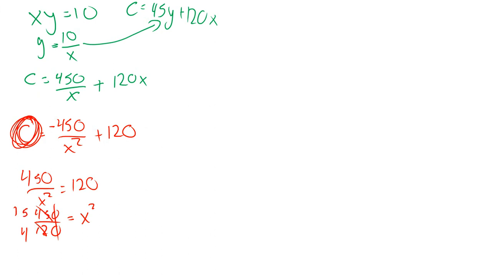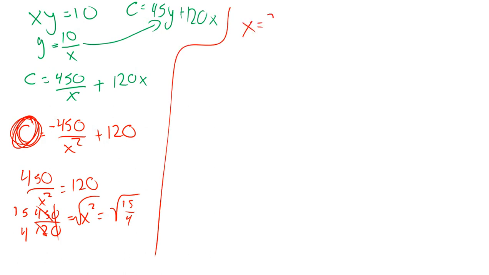And now we take the square root of 15 over 4, which would mean that our x is equal to the square root of 15 all over 2. So the length of all the sides on the x side would be square root 15 over 2.